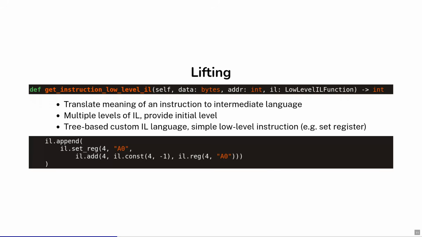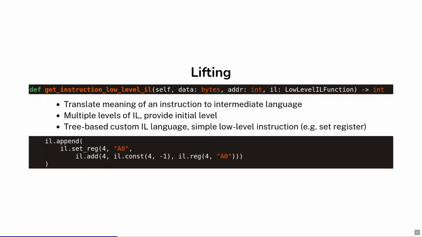It's a tree-based custom language with rather simple instructions. For example, set register is one instruction in this language, and then it would have one operand, meaning the value that we assign to it. And each operand can always be another IL instruction, so we have a tree, in this case, an add with 2 more operands. This would be a translation of decreasing the value by 1.